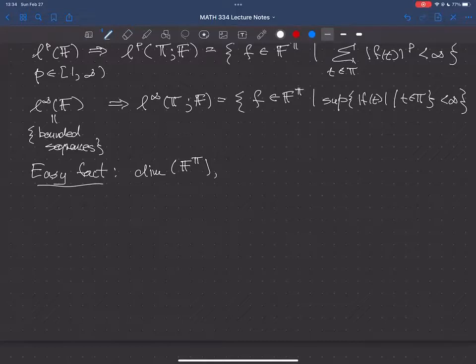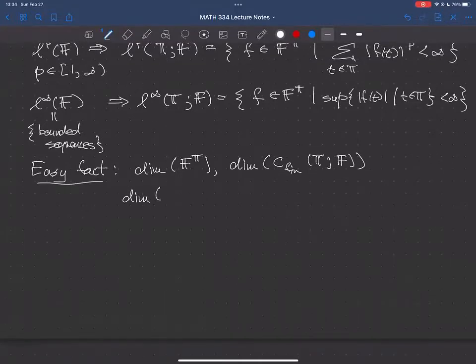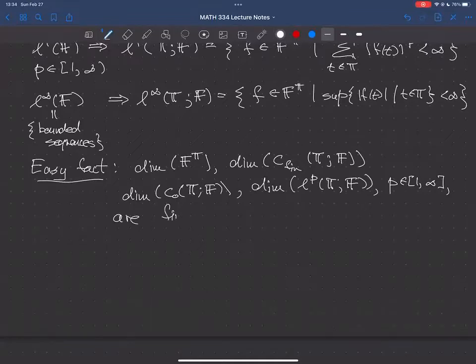The dimension of C finite T, F, the dimension of c0 T, F, and the dimension of little lp T, F, and here I'm going to allow p to go from 1 to infinity, including infinity, are finite if and only if T is finite.